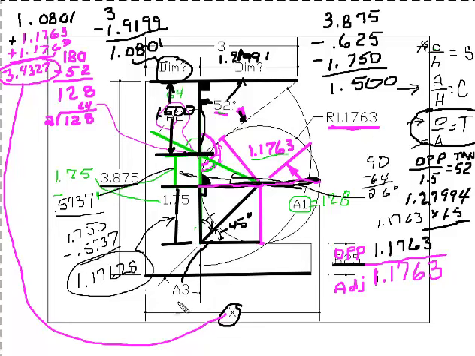You're adding them together. You're going to add this one, you're going to add this one, and you're going to come up with 3 inches, 432 7/10.